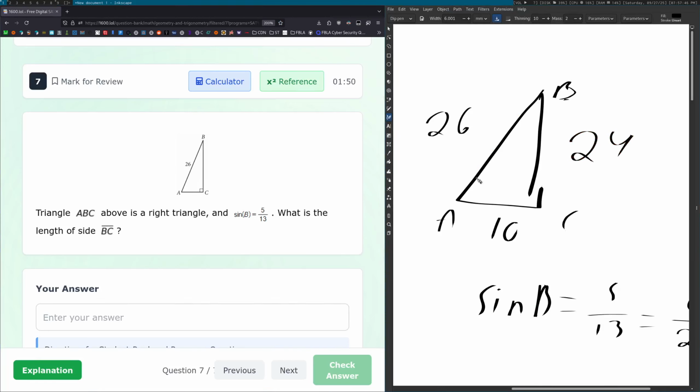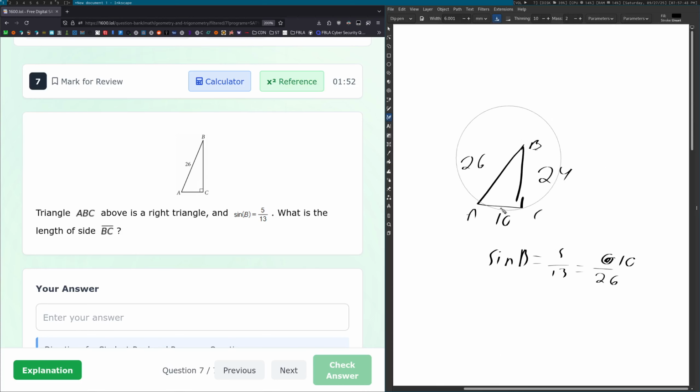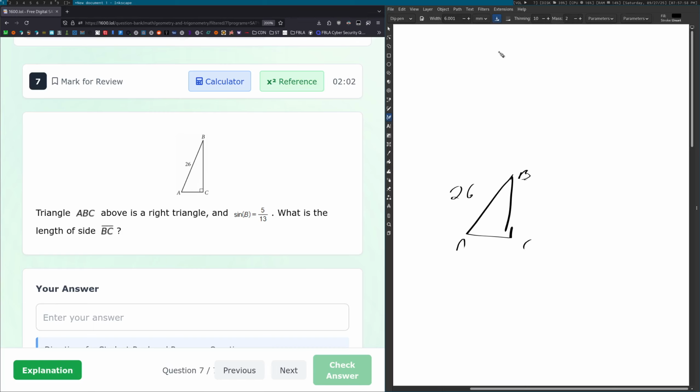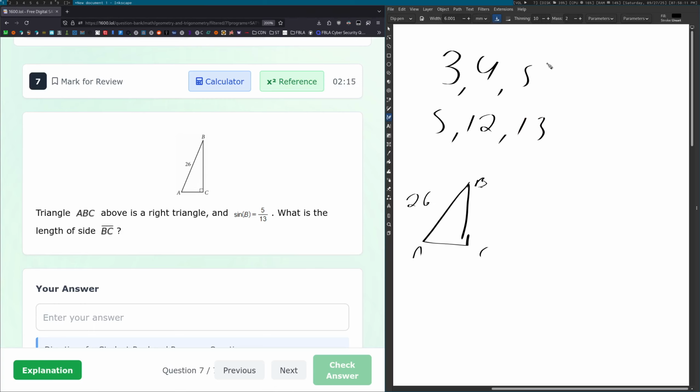And let's walk through how you can tell that by just looking at it. There are these things called Pythagorean triples. There are things you just know for a fact must make a right triangle. The ones I would recommend knowing if you want to get really fast at these are 3, 4, 5, and 5, 12, 13. And that also applies to multiples of these.